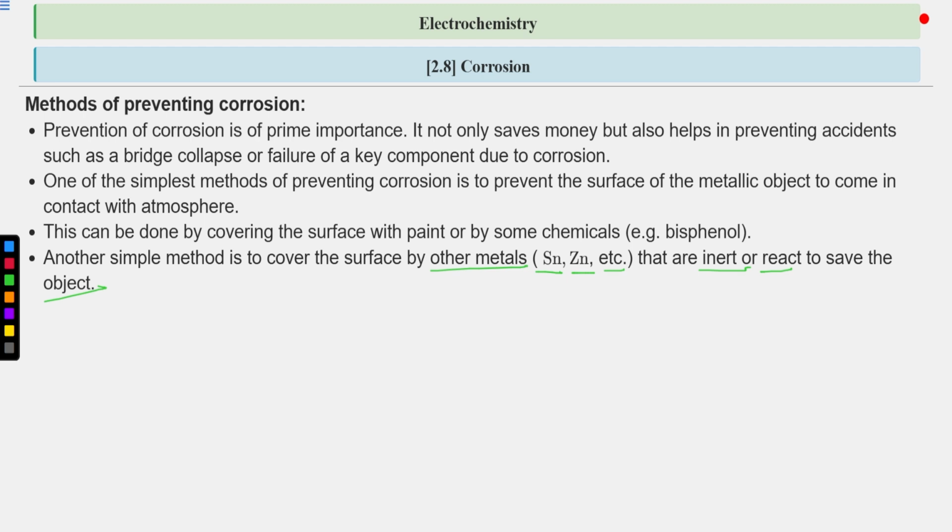That means they generally will not react with oxygen or any other thing. Or if they react, they will save the object. That means they will react differently with the oxygen, and in the end they will save the surface of the metal. So we can also cover the surface of the metal with such types of metals. The examples include tin and zinc.